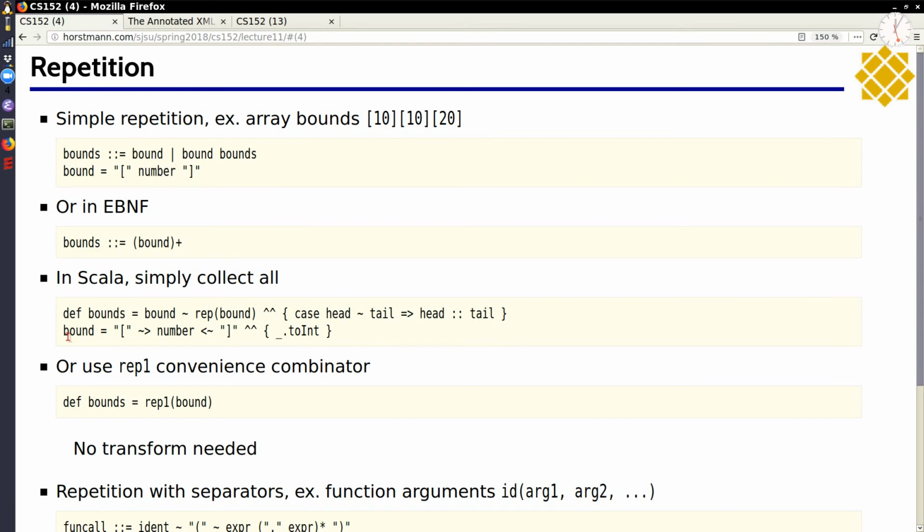An int, exactly, right? Because the transform here transforms the string to an int. So that's an int. Back to my original question. What is the return type of bounds? So list of int is almost correct. What is actually the return type of bounds? Parser list of int. Very good. It's a parser of list of int. Okay?